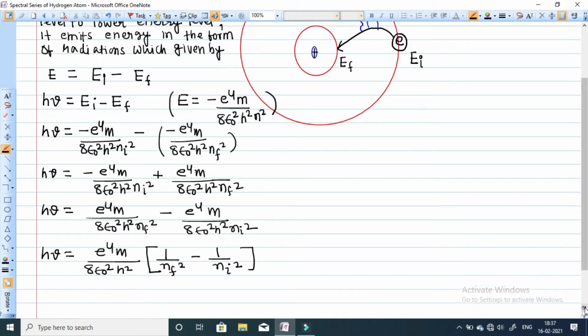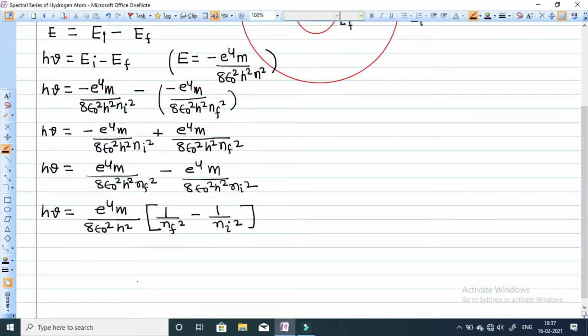Now suppose we are interested in finding the wavelength of the emitted radiations, then we have this formula: frequency into wavelength is equal to speed of light c. So from here we can write frequency is equal to c by lambda.